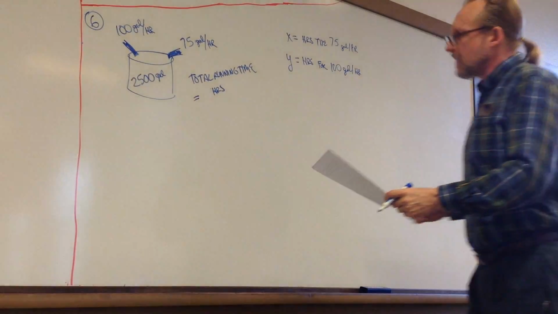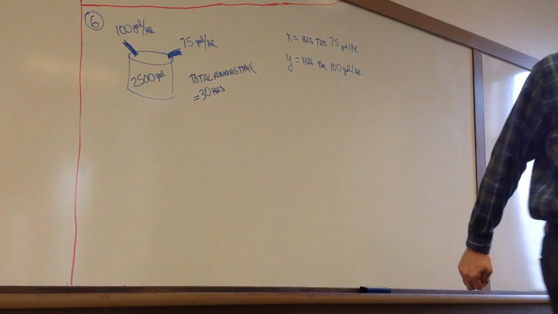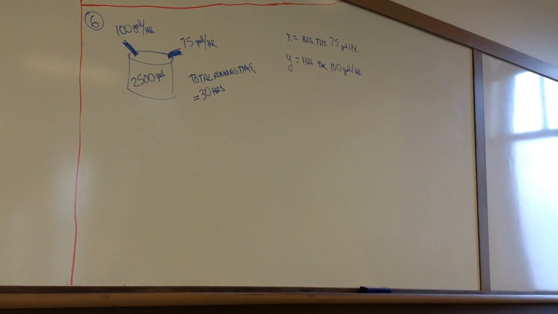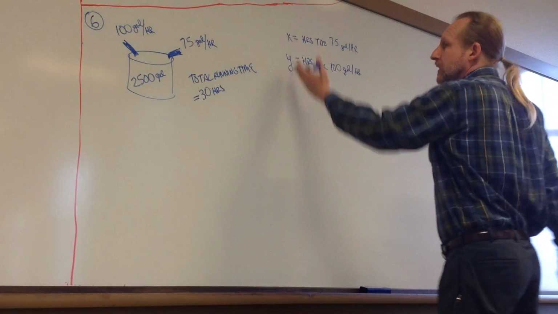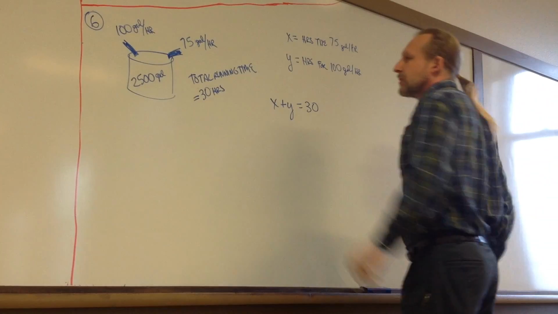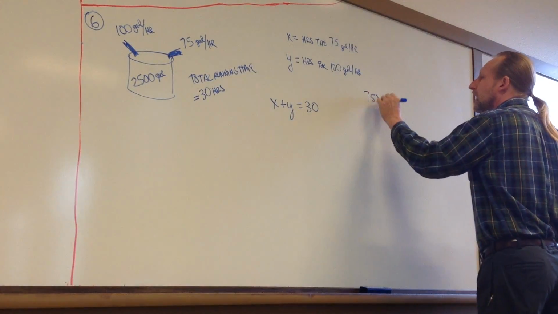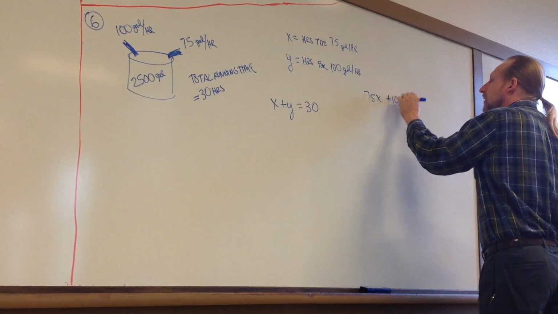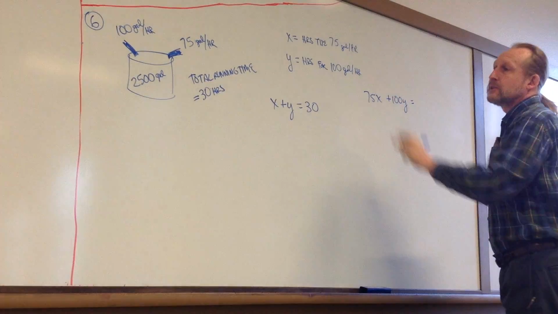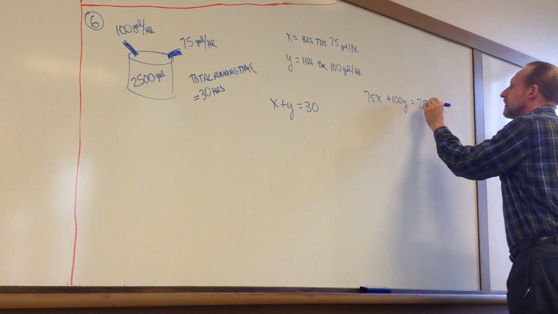And the sum of the running times, the total running times for those spigots is 30 hours. Okay. All right, so again, we know that X plus Y has to add up to give us 30 hours. And then we know that 75 times X plus 100 times Y should fill the tank and give us 2,500 gallons.